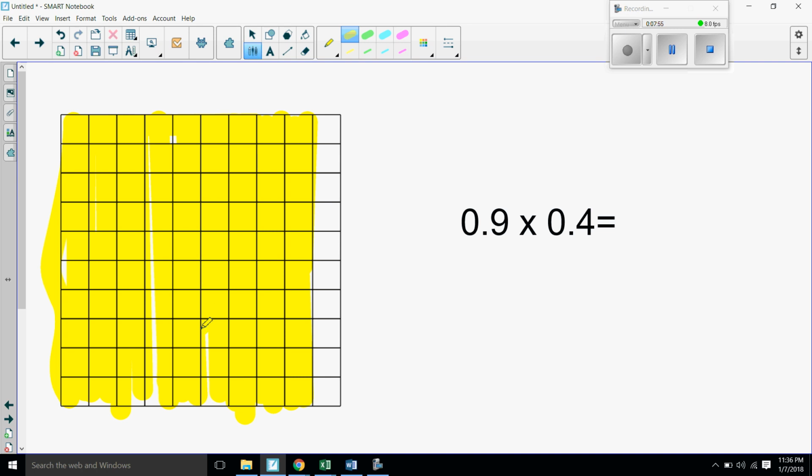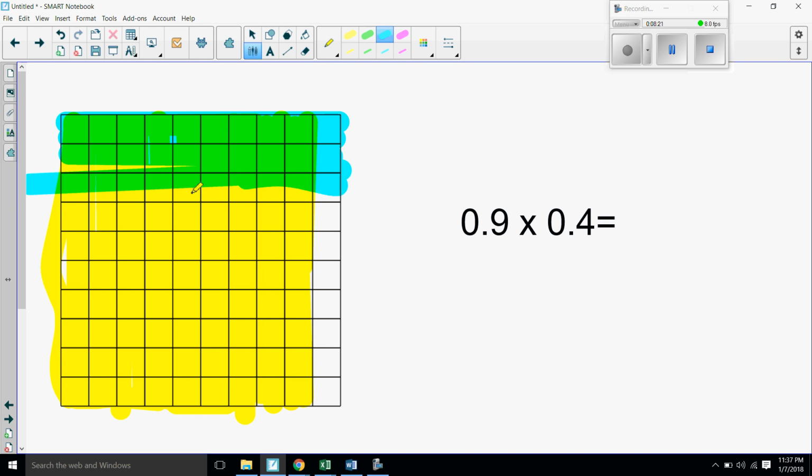But it's always fun to, some people like to try out different colors or just have a little fun doing it. I just like using the red and blue. So we go here and then 4/10, so we got to go across 4 rows. 1 there. 2 there.